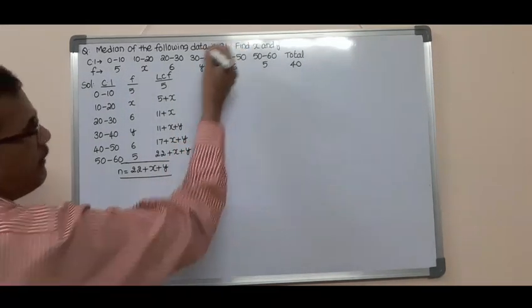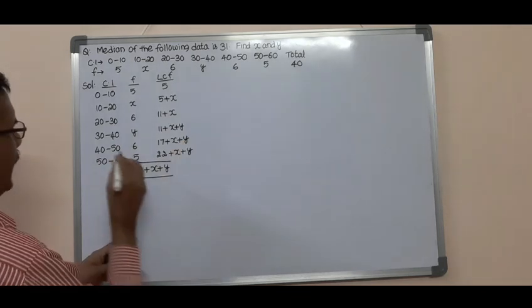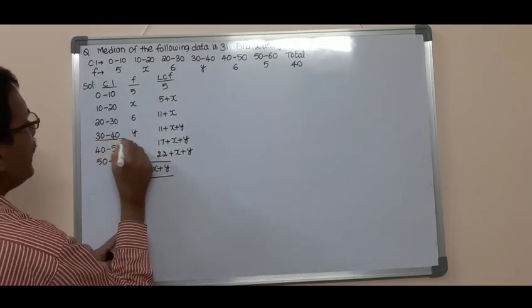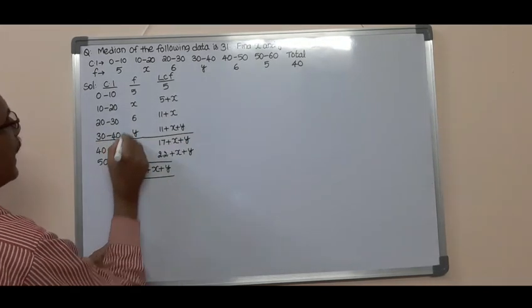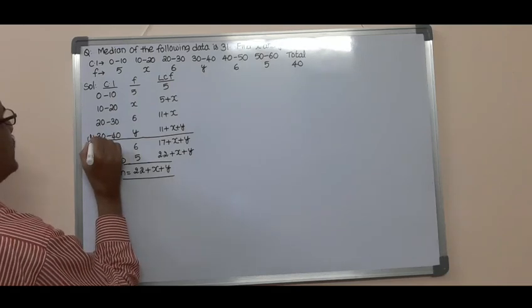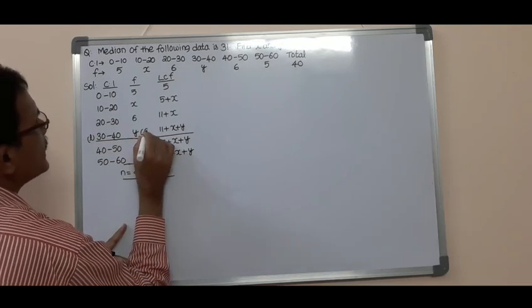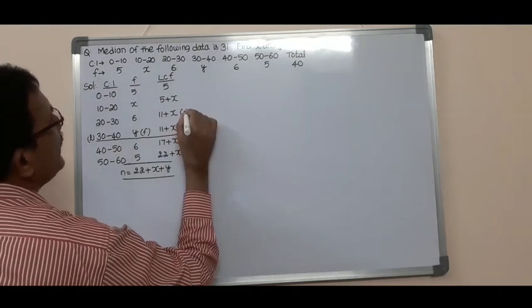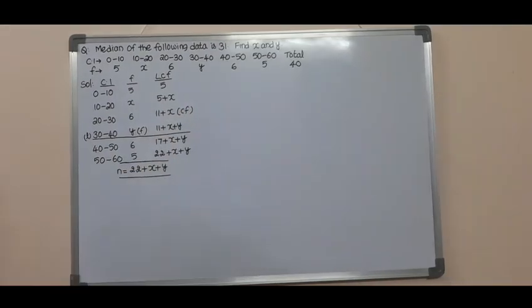Here median is given 31. So 31 lies between 30 and 40. So this is median class. L value is 30, F value is y, and CF value is 11 plus x.